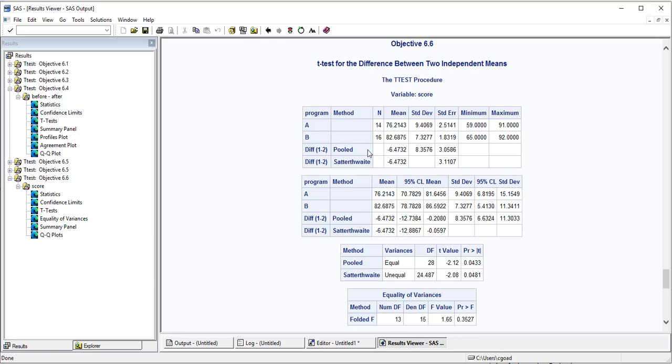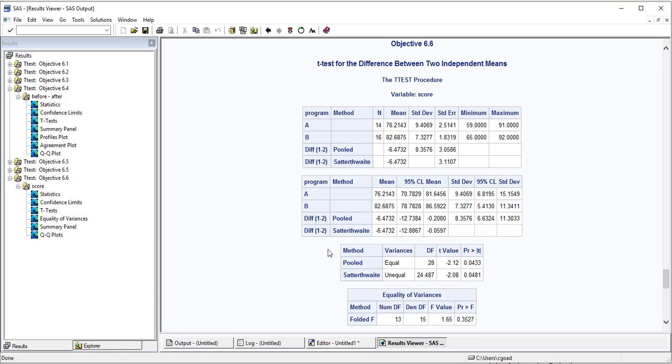So are we using the S of P squared that was in the previous table, or are we using the individual variances and estimating the degrees of freedom, or computing that DF star value? It gives us the difference, which is A minus B. That's why that's negative. Since we didn't have a 1 and a 2, it's the first one minus the second one. And then it looks at the confidence intervals for each individual and the confidence interval for the difference.